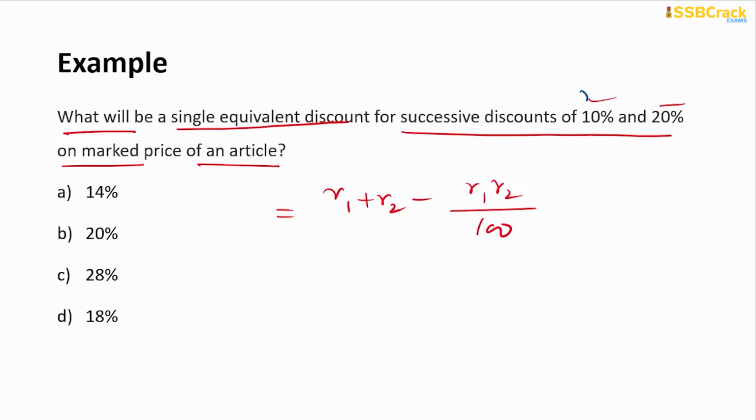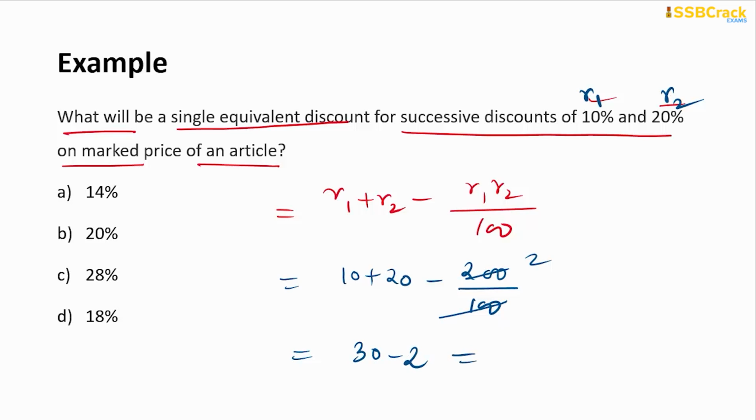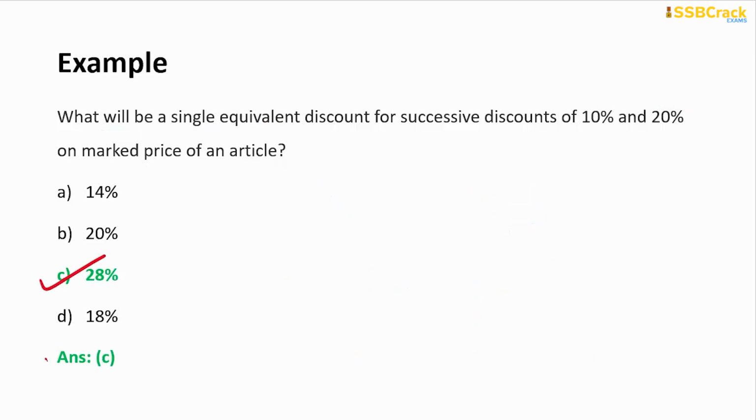So R1 is 10%, and R2 is 20%. So we have 10 plus 20 minus 200 upon 100, that is 2. So we could see that it's 30 minus 2, that is equal to 28. So 28% is the equivalent single discount for the successive 2 discounts. Alright, so the right key for this question becomes option C.